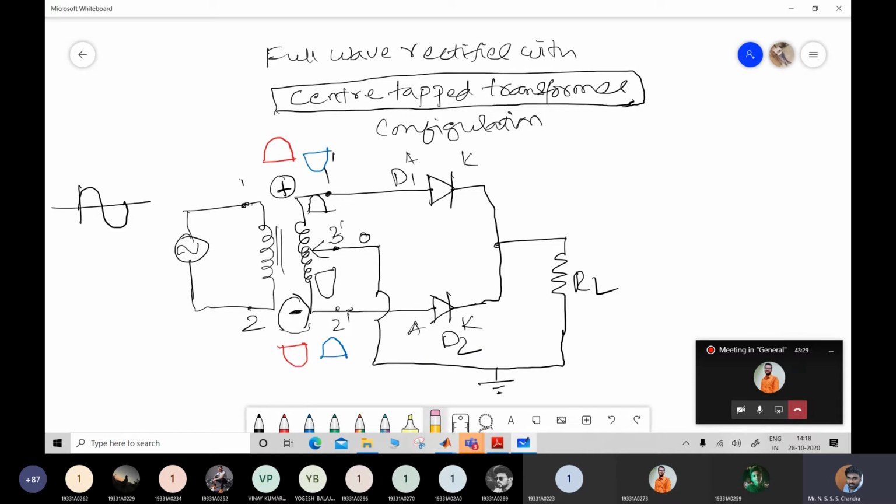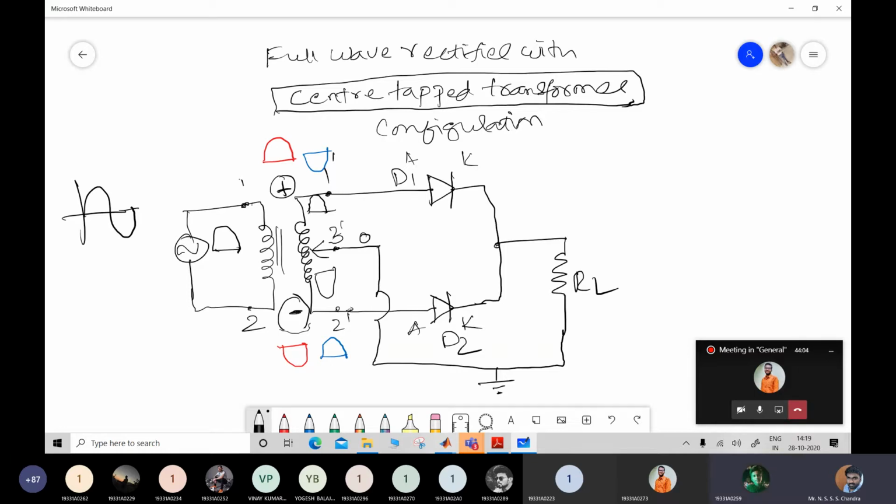So what happens is, now whenever you're supplying the positive half cycle, so when you're giving a sinusoidal voltage, when the input is positive half cycle, the top terminal of the secondary of the transformer will be having the positive voltage, whereas the bottom terminal will be having the negative voltage. So now tell me which diode will be on, which diode will be off.